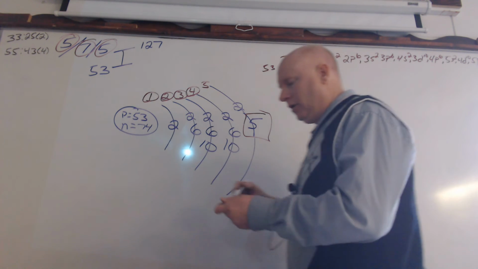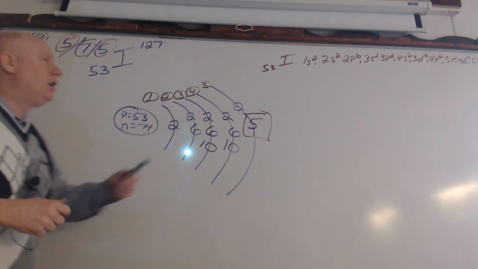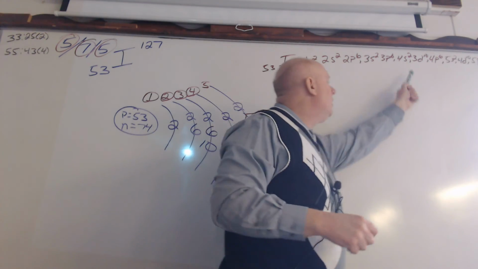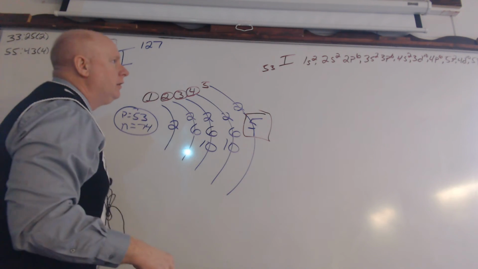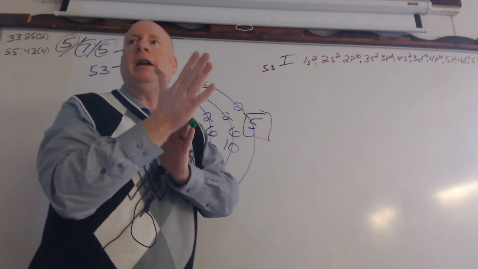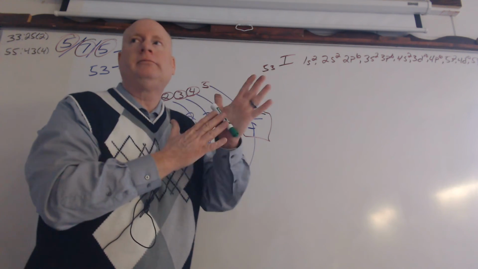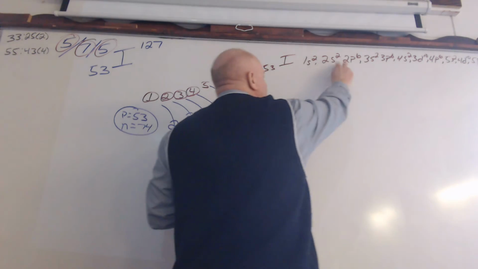Okay, so if we've done this correctly, all of these exponents are these numbers that you see here. If we add these together, we've got 10.